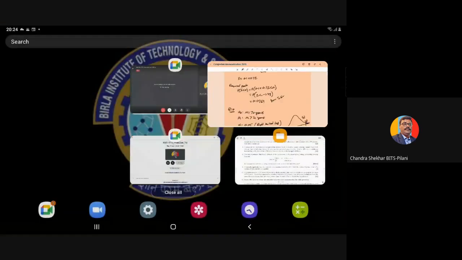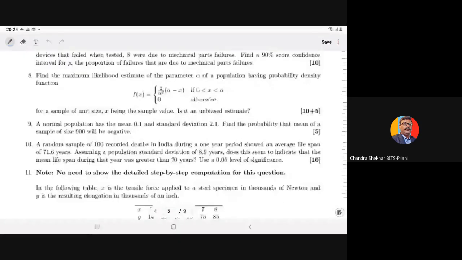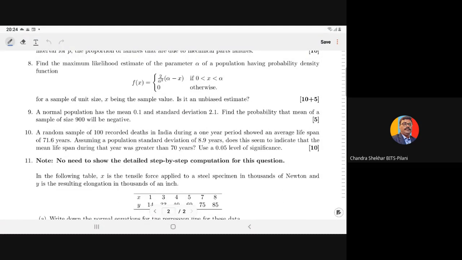Now let us move to the second last question. A random sample of 100 recorded deaths in India during a 1 year period showed an average lifespan of 71.6 years. So from the sample, the average lifespan is 71.6 years.